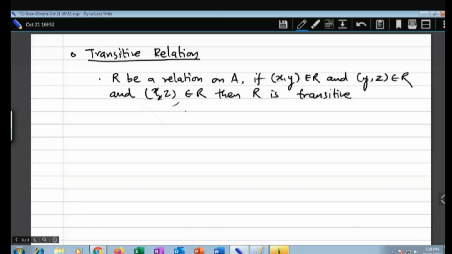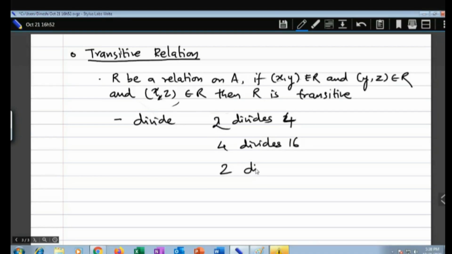The best example is, let's say, the divide operation. Let's say 2 divides 4, and 4 divides 16. Then ultimately, by transitivity, 2 divides 16.